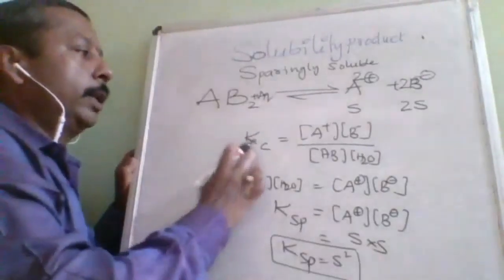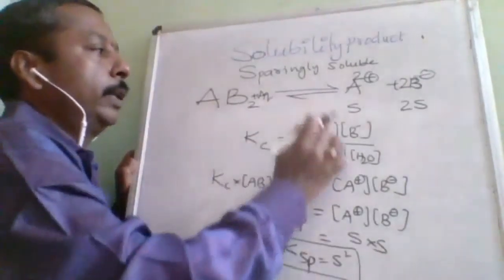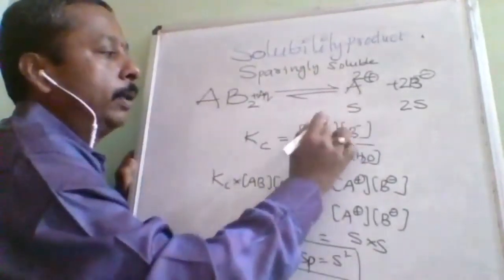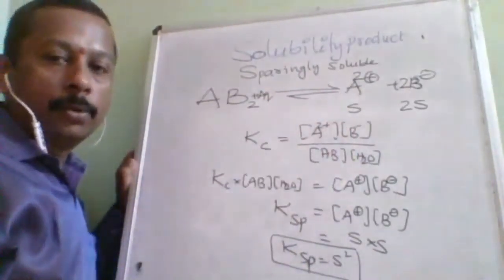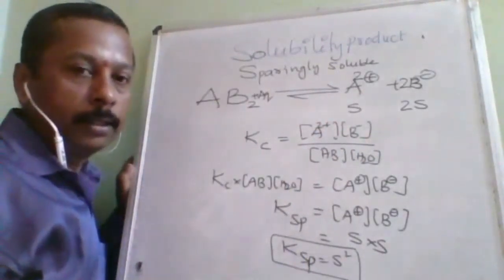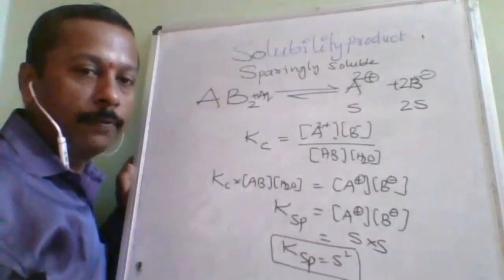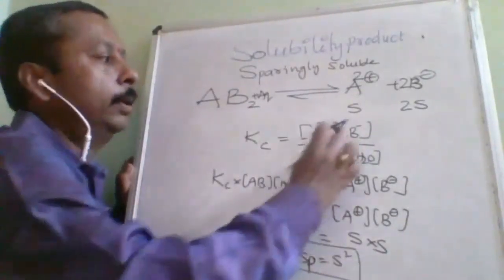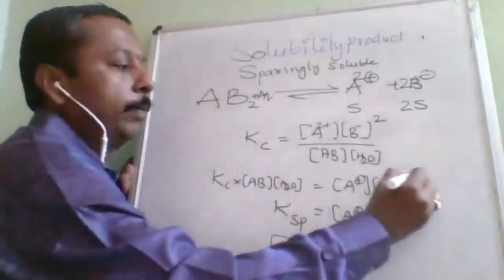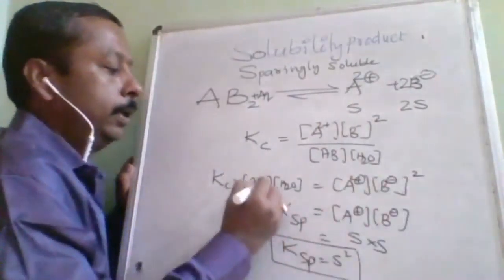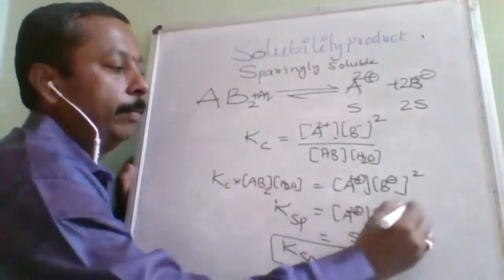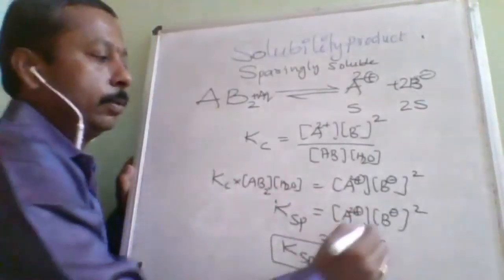So Kc, formula wise, this is 1 mole, but 2 positive. Charge won't make any difference in the formula, but the coefficient is going to make a difference. So here B negative but squared, and here AB2, A 2 positive, B negative squared.